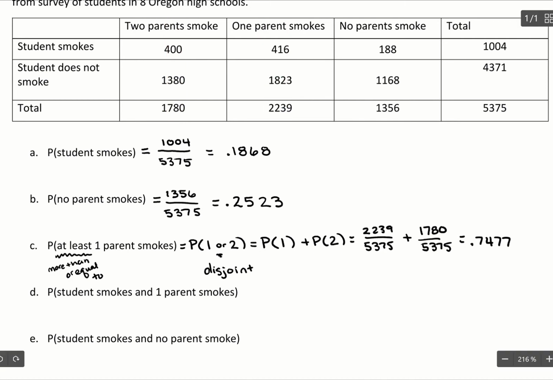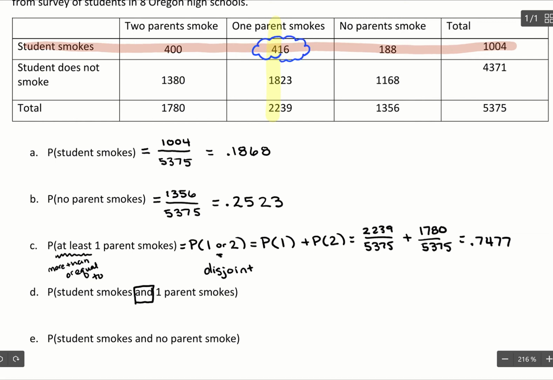With the next question, the probability that the student smokes and one parent smokes. When we're working with AND here, we're looking for two characteristics at once. We want them to fit the two scenarios where the student smokes and one parent smokes. What we're really interested in is the intersection of the two.